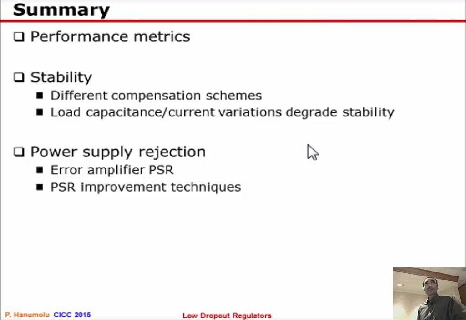And in those terms, using a cascode compensation seems to be one way to do it, and there is a raft of literature on this topic addressing some of these concerns, and hopefully some of these ideas would be useful, if not directly in design, hopefully to read those papers and understand them slightly better. And towards the very end, we also talked about power supply rejection ratio, and when you want to optimize power supply rejection, it's a matter of figuring out what kind of error amplifier and pass device combination yields you the best PSR. I think that is all I have.